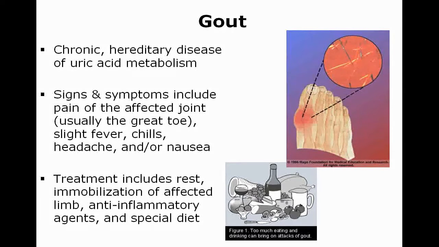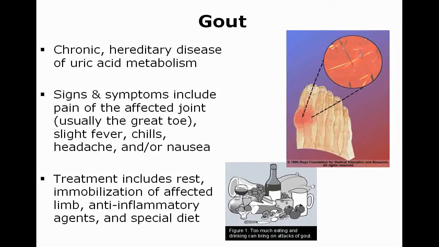The person will have a buildup of uric acid in a particular joint, and it is usually the big toe. Now, it can be in the ankle, it can be in other joints of the body, but it is usually the big toe. Severe pain. And they'll also have signs of systemic problems, with the fever, the chills, the headache, nausea going along with it.